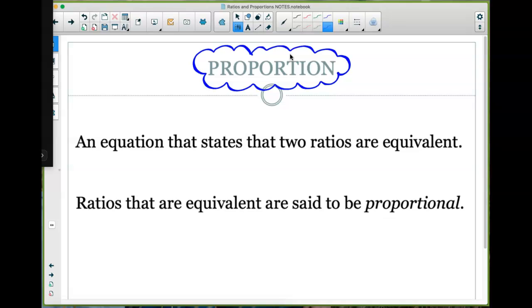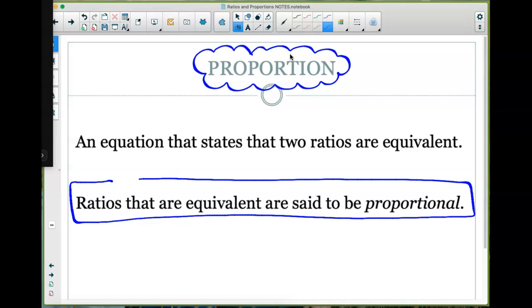So I want you to write this in your notes. Ratios that are equivalent are said to be proportional. Okay, so take a minute, write that in your notes. Ratios that are equivalent are said to be proportional.